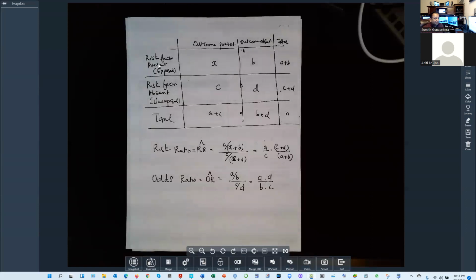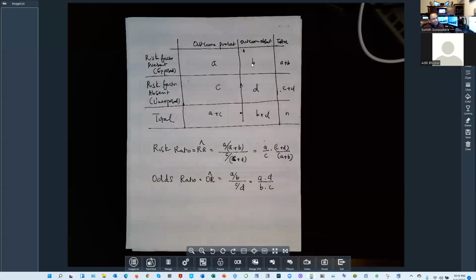Present, our risk factor, whether present or not. That's the ratio. You're going to look at whether you have diabetes or not. Here diabetes, here not. Diabetes, whether you are obese or not. That's the ratio that we wrote. And the odds ratio is something like that.